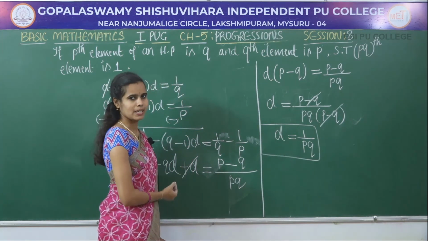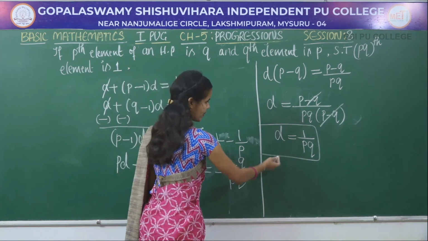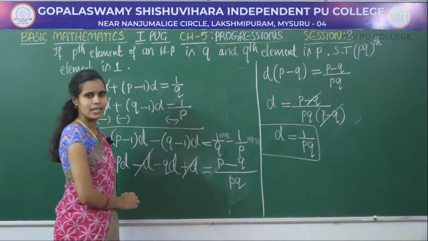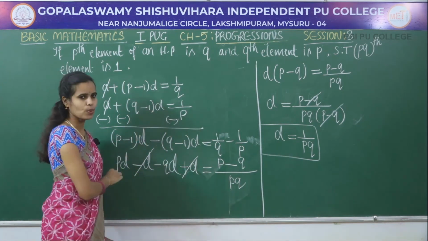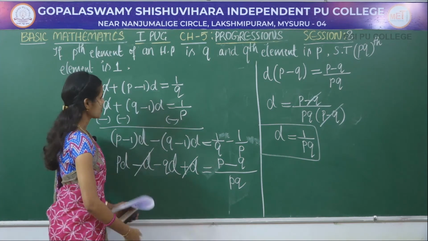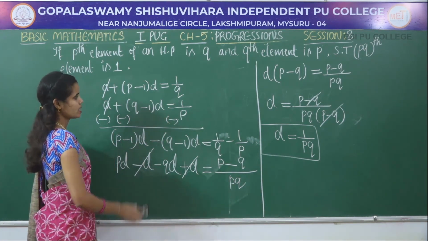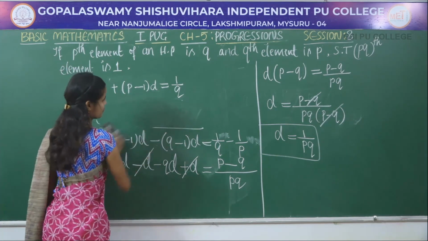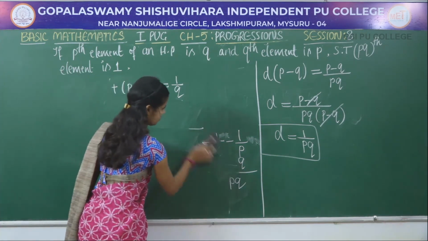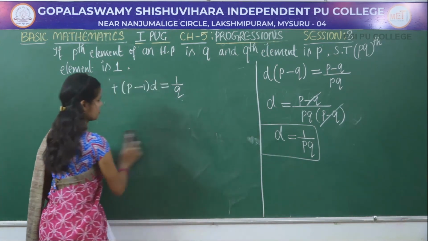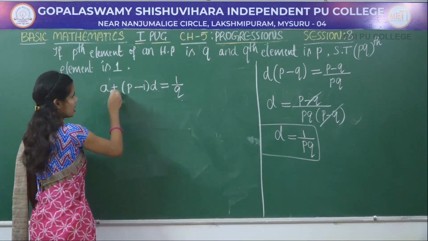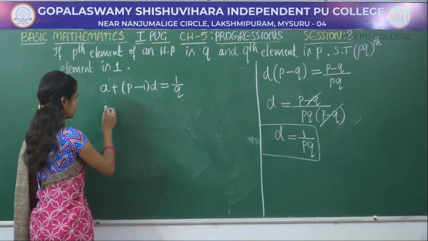Next we want a. So put d equal to 1 by pq in either equation 1 or 2 and find the value of a. Consider the first equation: a plus (p minus 1) into d is equal to 1 by q. Substitute d equal to 1 by pq.